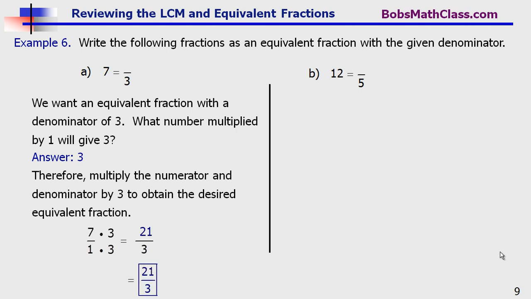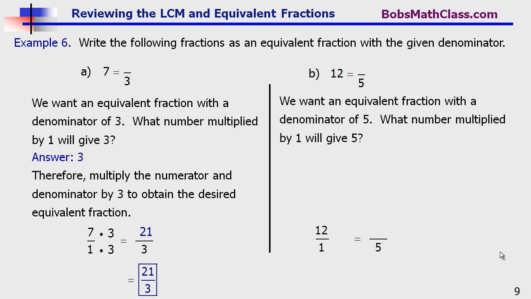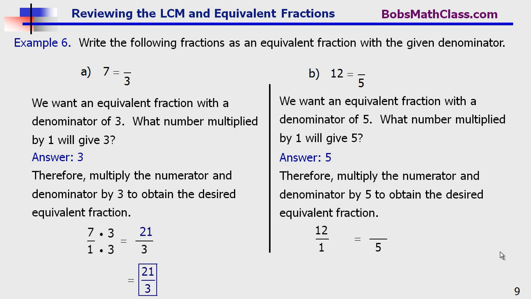So 21/3 is our answer. Okay, let's move on to the next one. We want an equivalent fraction with a denominator of 5, so what are we going to multiply it by? That's right, 5. Multiply numerator and denominator both by 5. So 12 times 5 is 60.